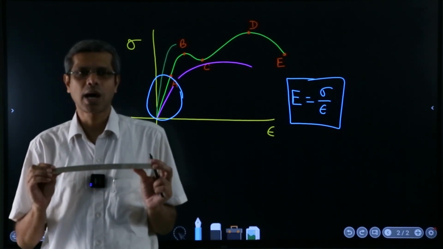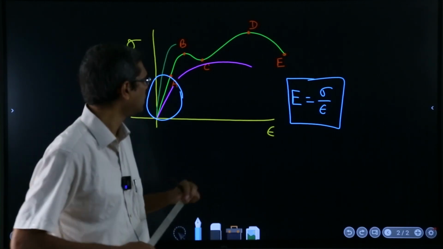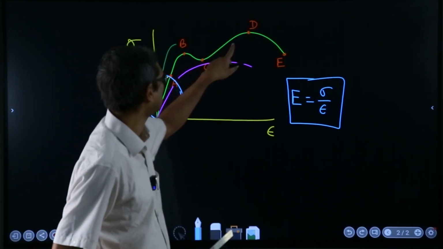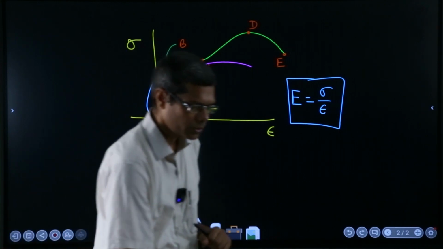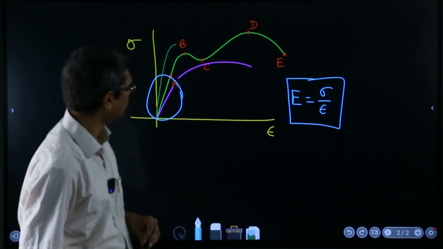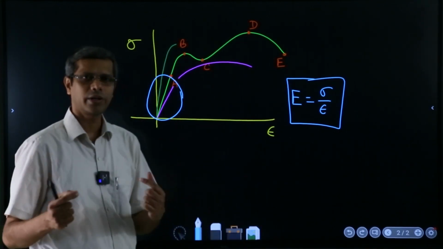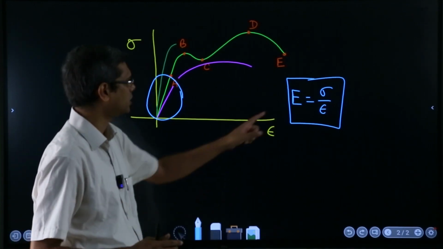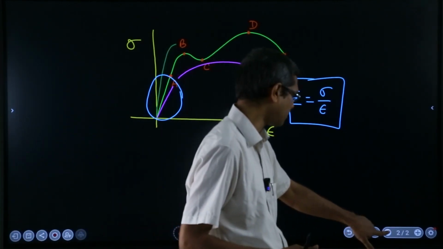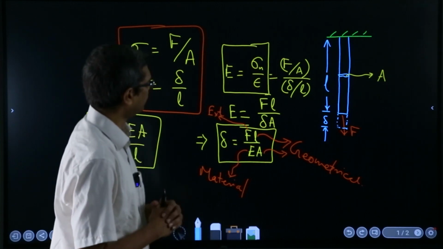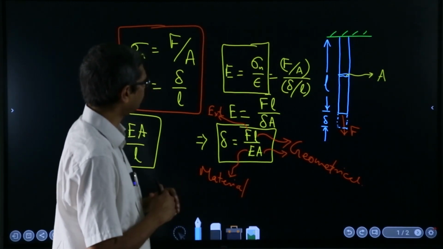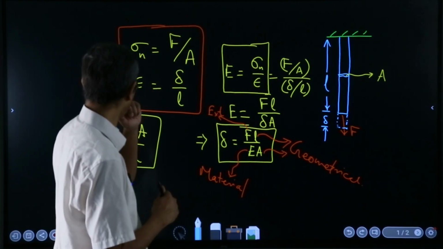Those are called large deflections, and many other things happen there. We are concerned with very small deflections, under which these conditions are valid. So that is the story.